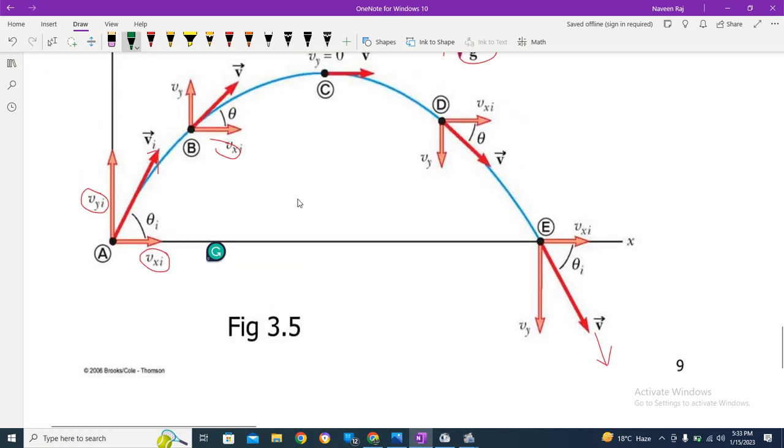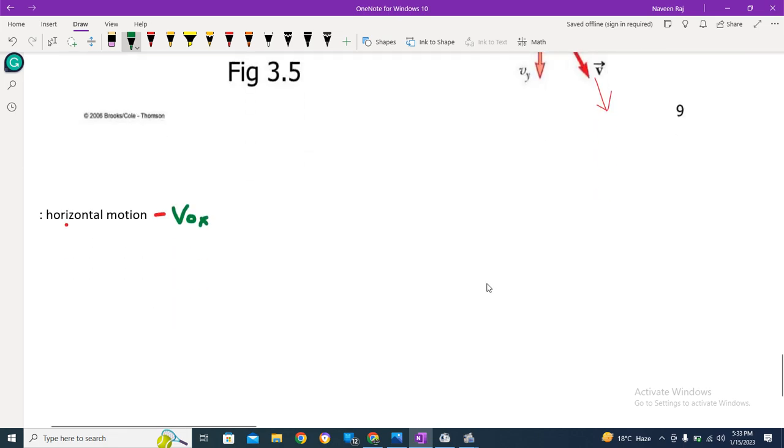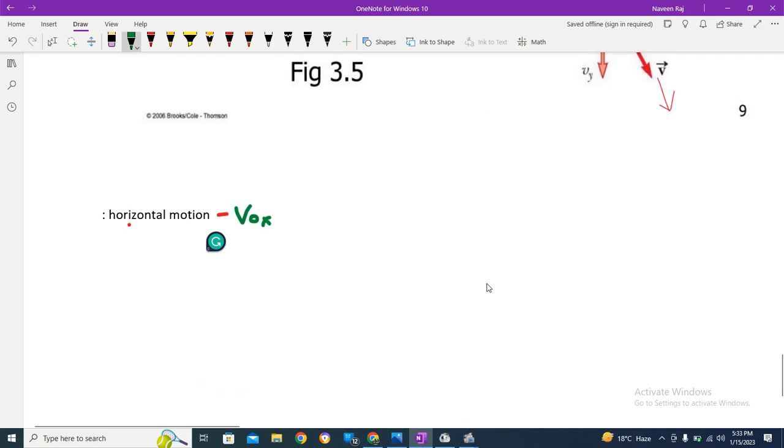You can see over here that we are talking about this motion over the x-axis, so that is v naught x or vx. In simple terms, we are talking about the motion in the x direction.